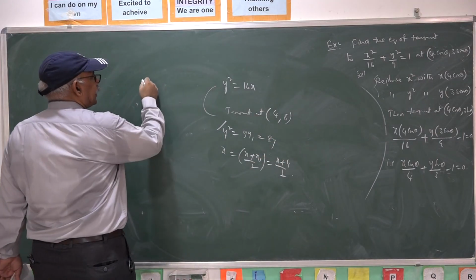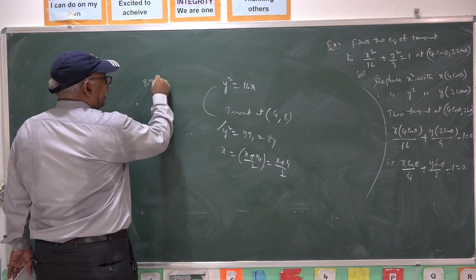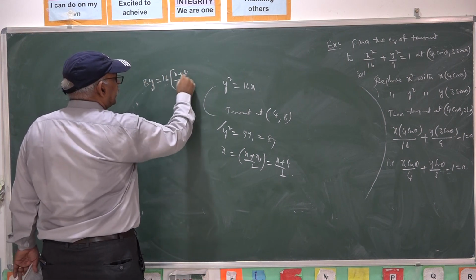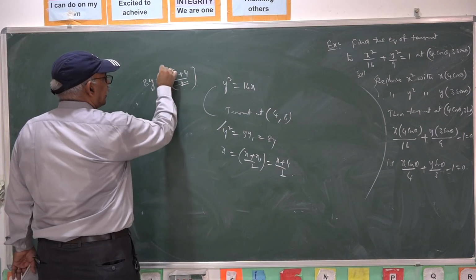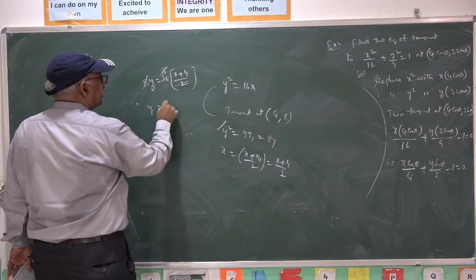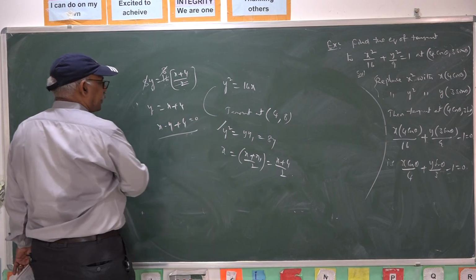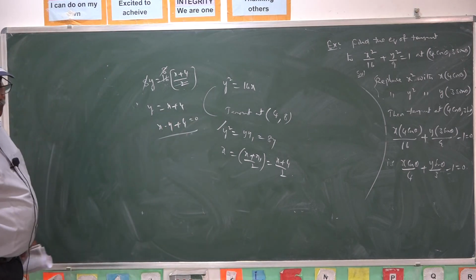We get the equation of the tangent: 8y equal to 16 into x plus 4 by 2. The 8 cancels, y equal to x plus 4, so x minus y plus 4 equal to 0 is the equation of the tangent.